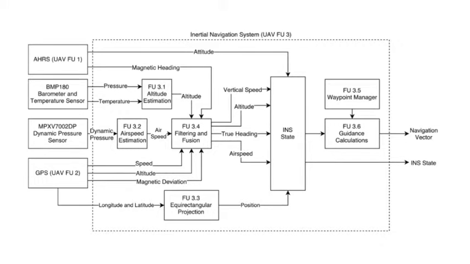And then with this information, it estimates the INS state, which has a whole bunch of parameters that describe the airplane, the motion, and also the orientation. And then it uses guidance calculations based on what waypoints are entered into the airplane in the waypoint manager, and it just uses the INS state to calculate the vector that it needs to reach the next waypoint.